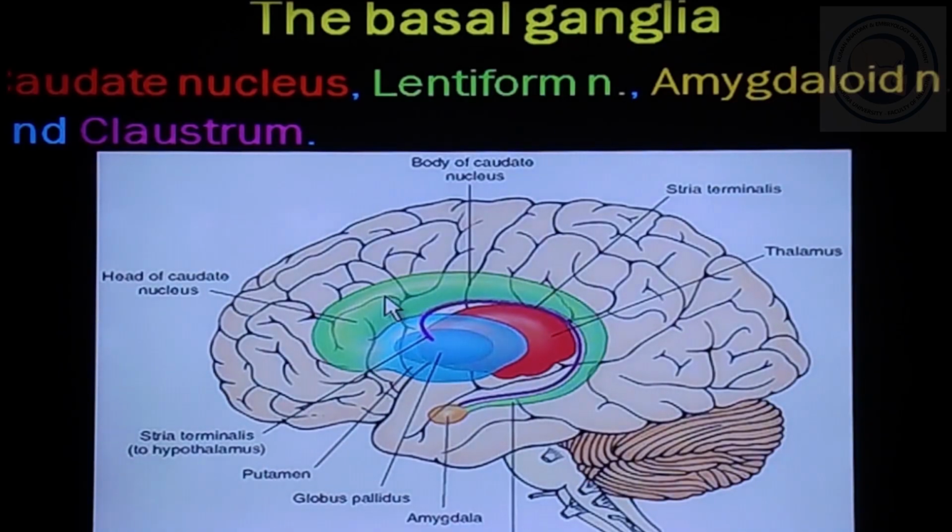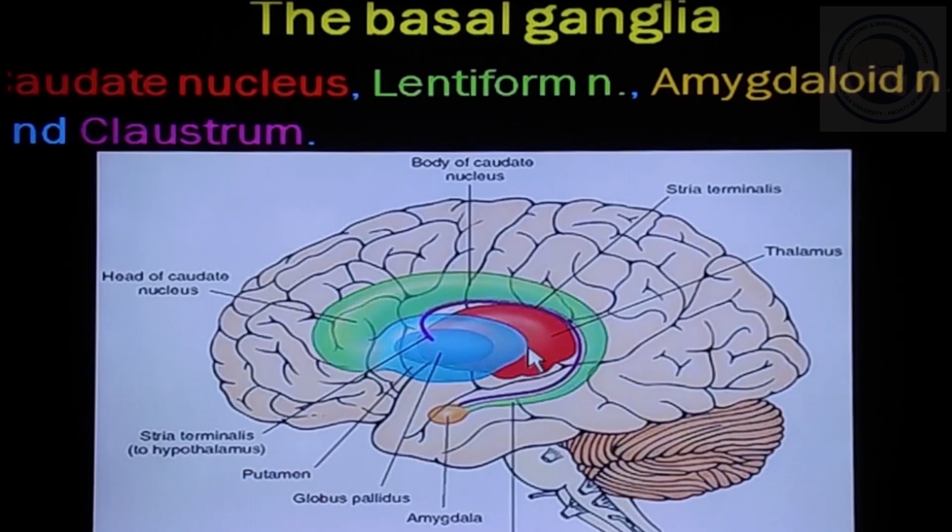We will find also, lateral to the head of caudate, this nucleus, which is the lentiform nucleus. And we will find that the lentiform nucleus is a pyramidal-shaped nucleus. It has a medial part called globus pallidus, and the lateral part called putamen. And also remember that the thalamus is related to the lentiform laterally and also the body of caudate laterally.